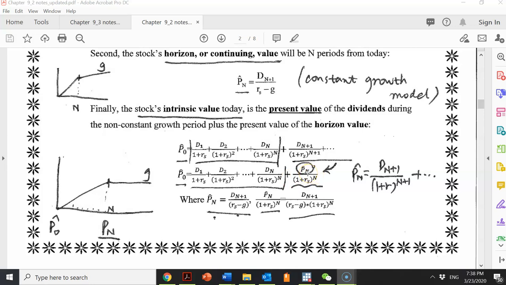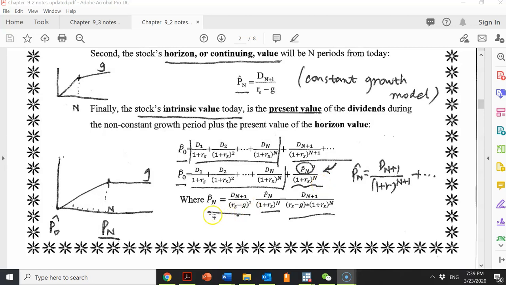And for Pn, we can divide by 1 plus r to the power of n to discount it to present to get part of P0. So P0 ends up to be all the dividends from D1 to Dn in the first stage, discounted to present, plus Pn, the horizon value, discounted to present.